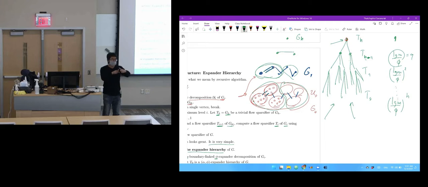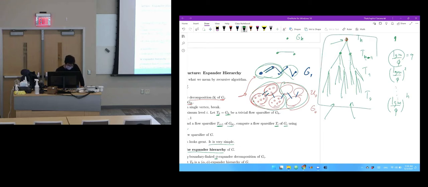So if there are two edges, you can think of this thing as having capacity 2. All right. And now, basically this tree is a thing that we call the expander hierarchy.